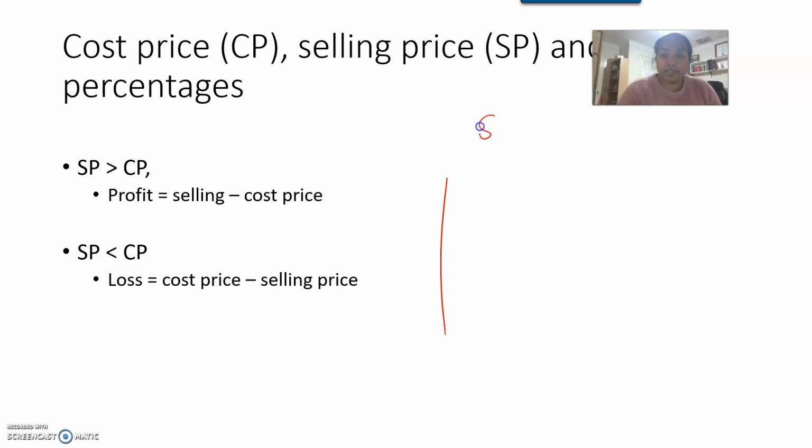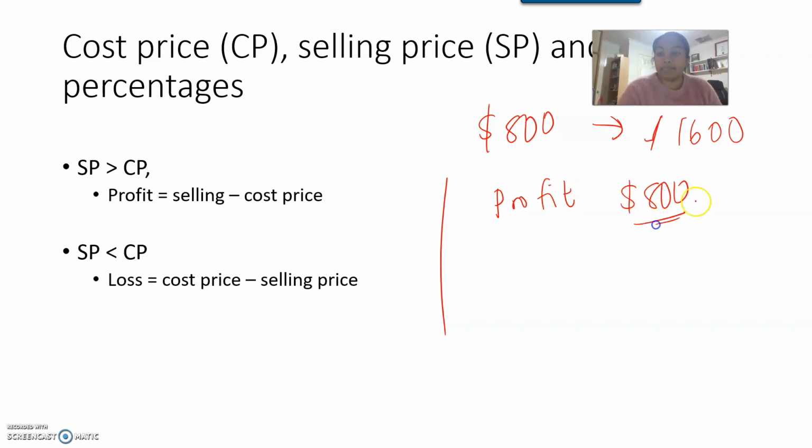So let's say the phone is worth $800, but I'm selling it for 1,600. I'm making a profit of $800, right? That's my profit. So what I did was I subtracted the selling price, that's how much I'm selling it for, with the cost price, which is that. Cost price is how much it cost for it to be made.